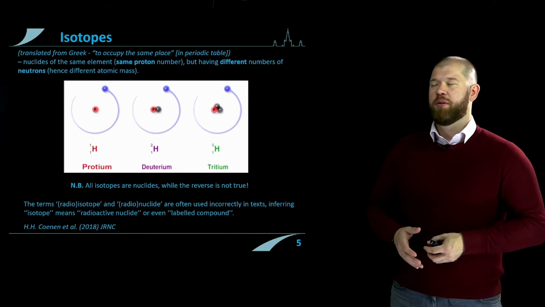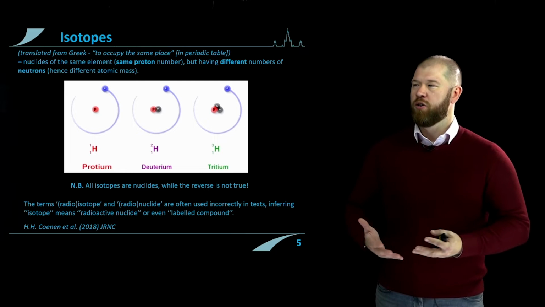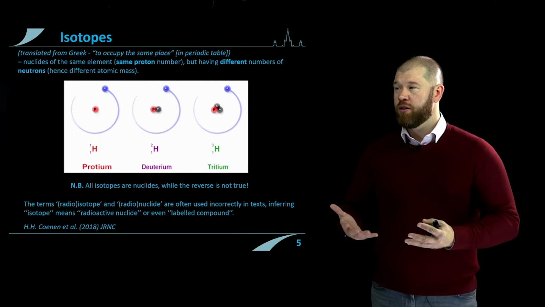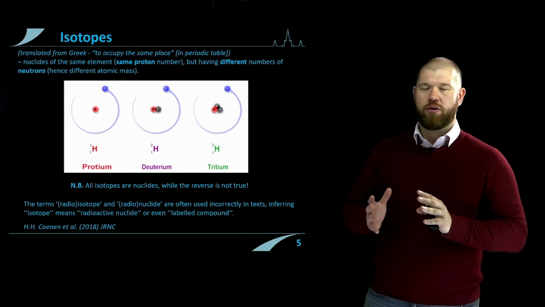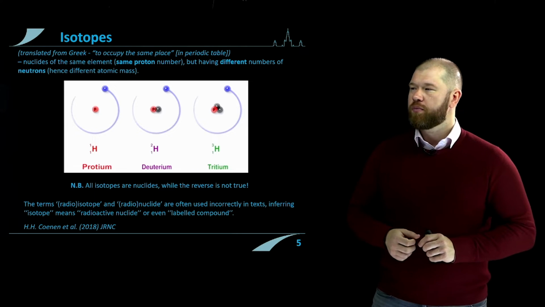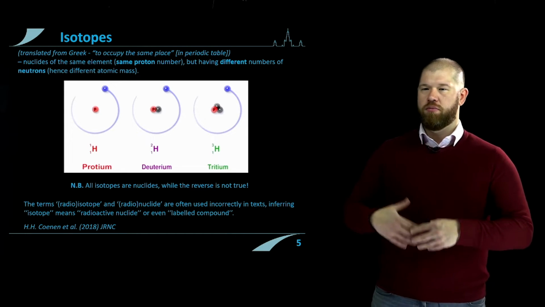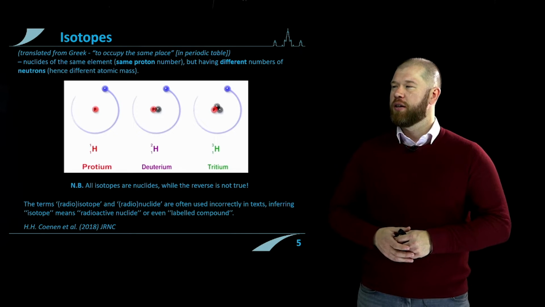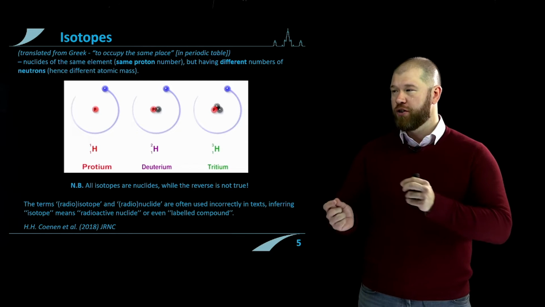There is the simplest example of the concept of isotopes, for hydrogen. When there are no neutrons inside the nucleus, just one proton, we call it protium. If we add one neutron, we now have deuterium, the heavy isotope of hydrogen.